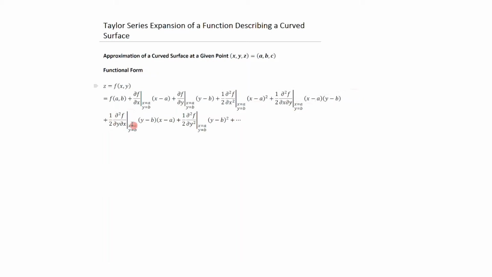No difference, other than the ordering of the multiplication of these two here. So it's y minus b times x minus a, but that's equivalent to the product of x minus a times y minus b. So you have your first order terms, which are these. This is a 0th order term, and these are all second order terms.